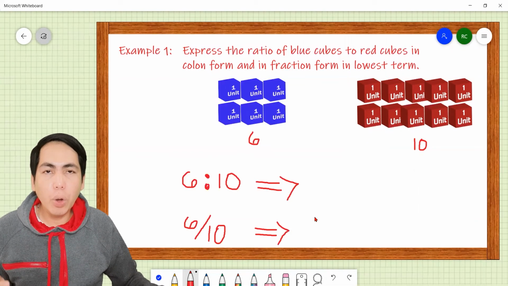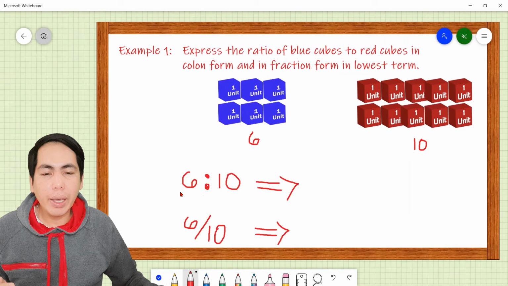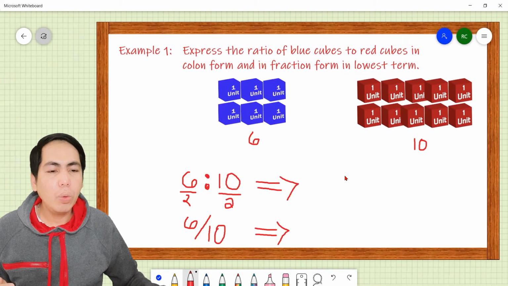Now, we are going to find the lowest term of this ratio. Since our terms are 6 and 10, and the GCF of 6 and 10 is 2, we have to divide each term by 2. So, 6 divided by 2 will give us 3, and 10 divided by 2, we have 5.